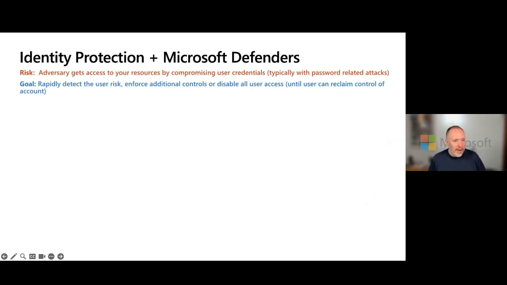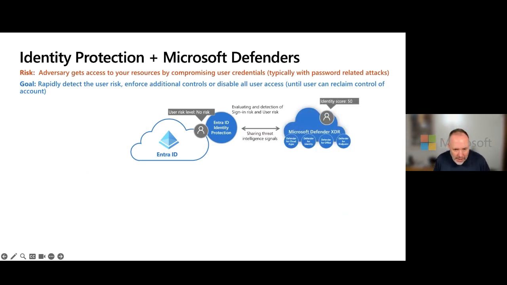And what does that look like in an example scenario here? Say, for example, we have an Entra ID user, and this user has a particular score in Microsoft Defender XDR, an identity score. So you kind of rank things, and in this case, everything looks good.